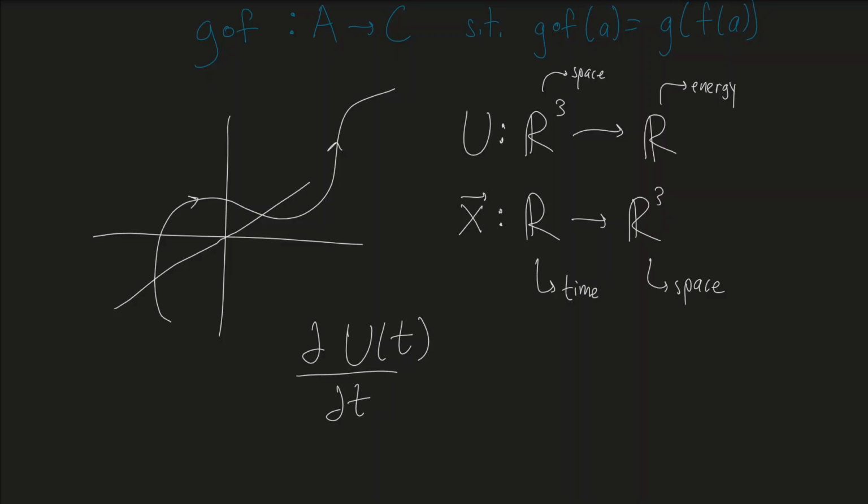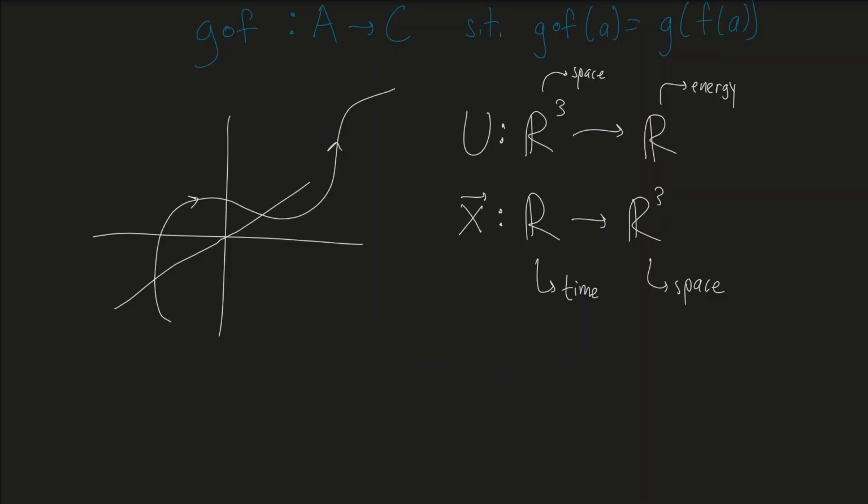And that could be relevant because if we add that to the derivative of the kinetic energy, let's call it k, we know that this is equal to 0 because the total energy is conserved through time. So that's one reason why we might be interested in the potential energy as a function of time.